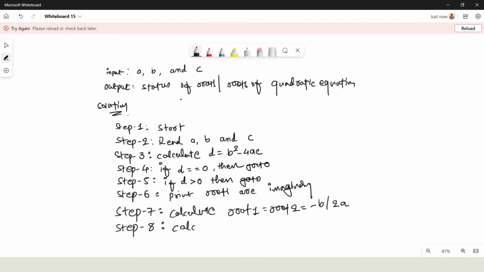Then step 8, calculate root 1 is equal to minus b plus under root d upon 2a, root 2 is equal to minus b minus root d upon 2a.